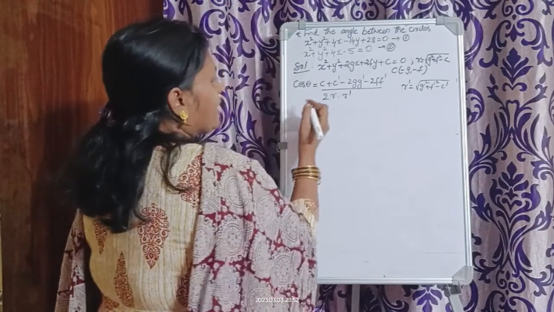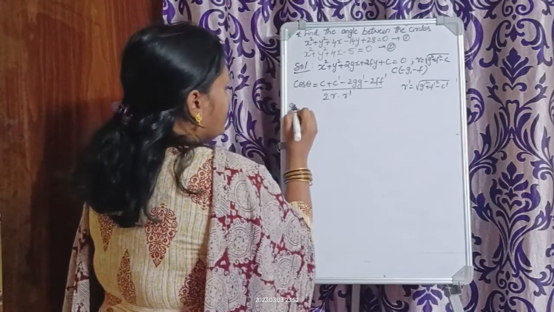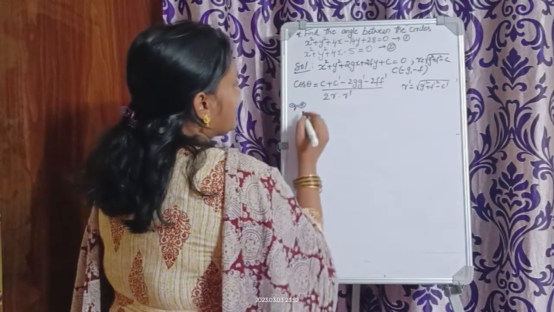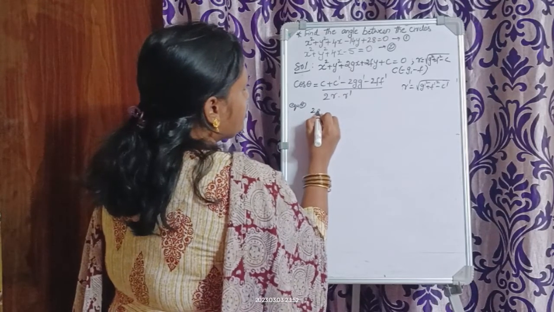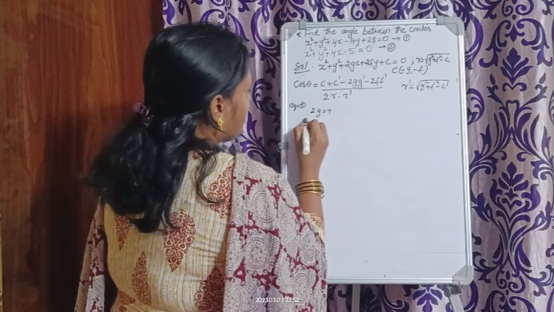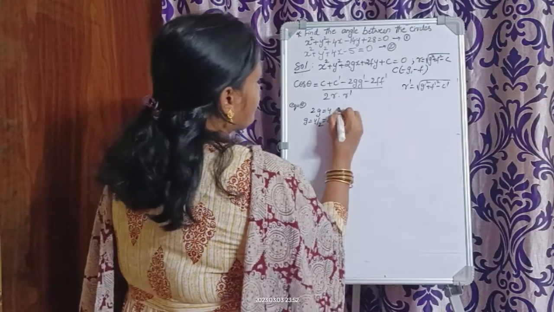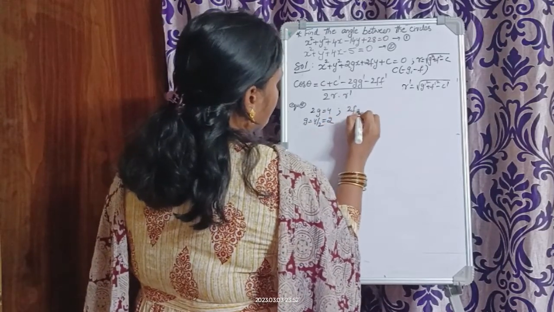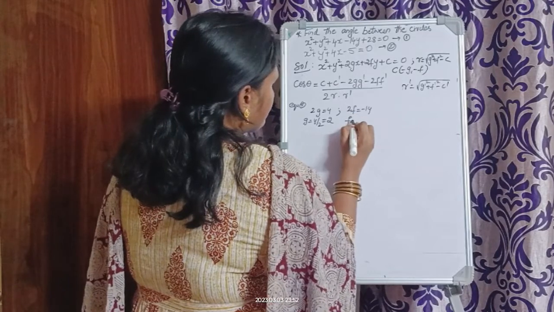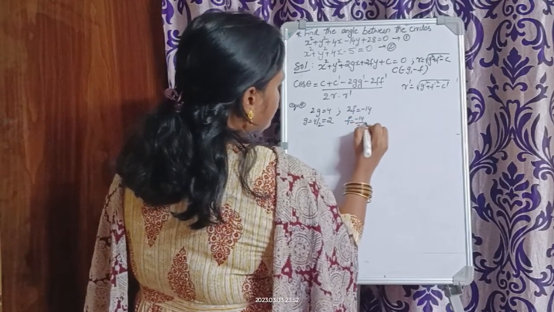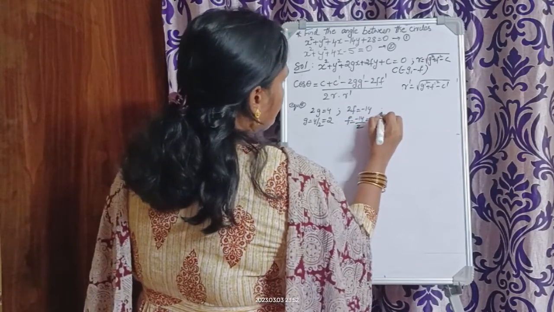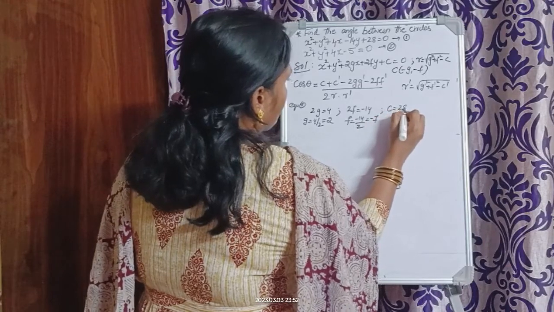So by comparing equation 1 with the standard equation, we get 2g is equal to 4, or g is equal to 4 by 2, which is 2. Similarly, 2f is equal to minus 14, f is equal to minus 14 by 2, which is minus 7, and c is 28.